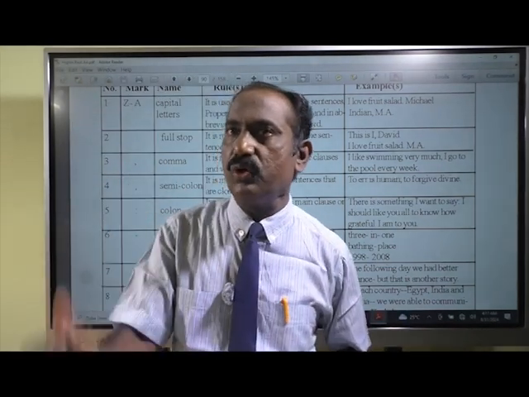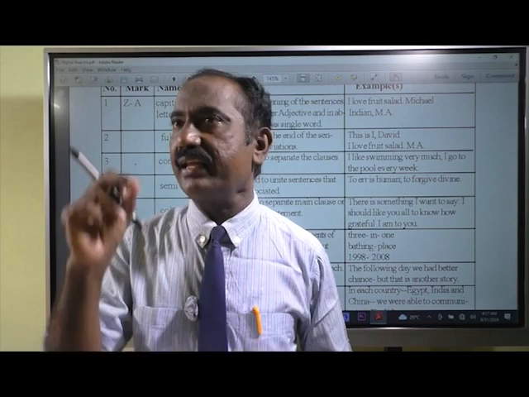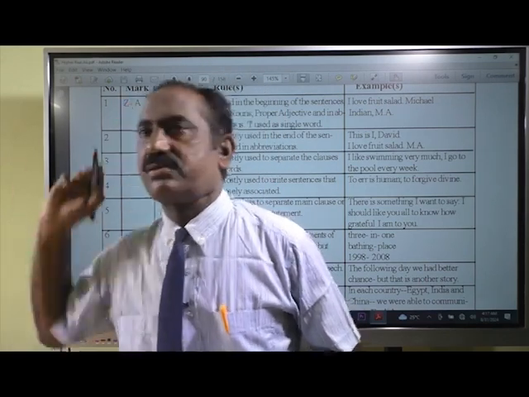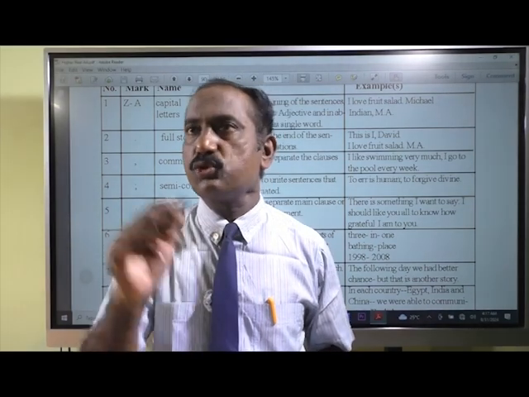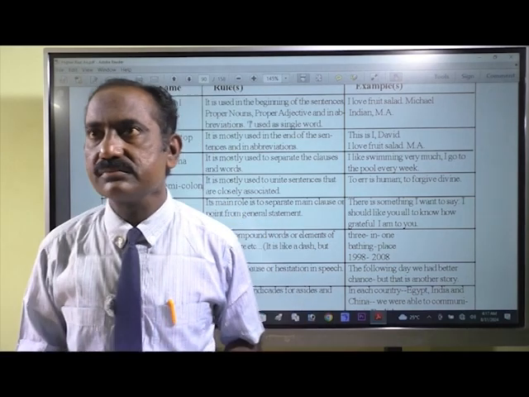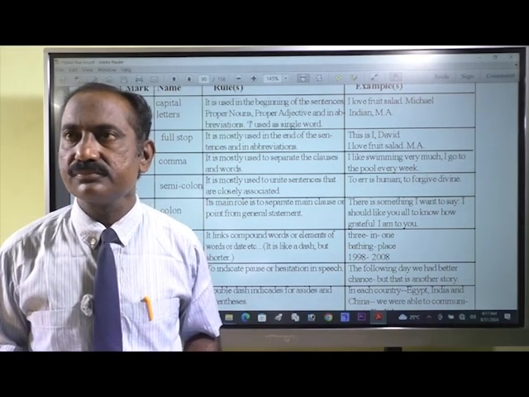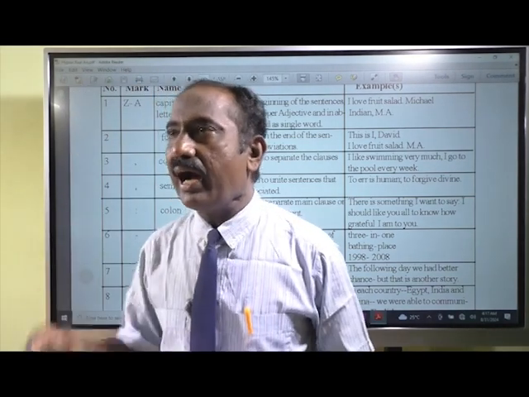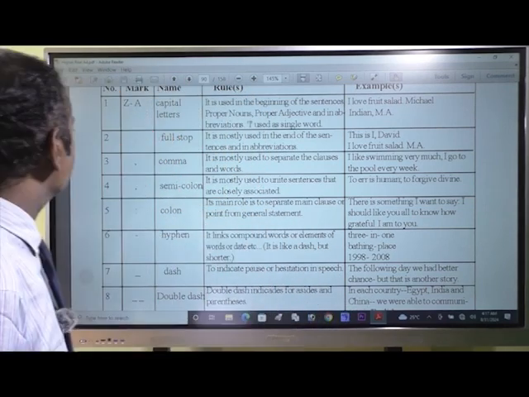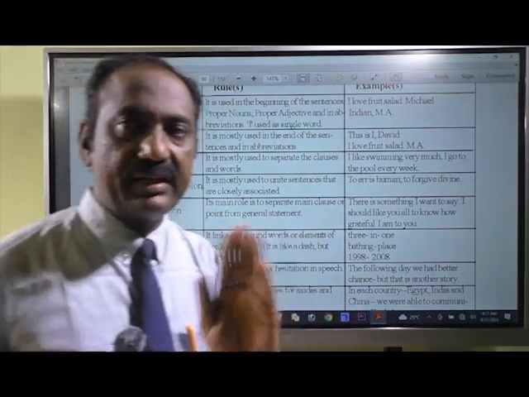If you mention a few words in a sentence, we have to separate them by putting commas. Suppose there are so many important cities in India: Delhi, Hyderabad, Madras, Bombay and Pune. The last but one is separated with and.